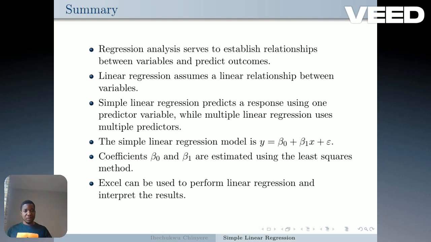Simple linear regression is where there is just one predictor variable, and multiple linear regression assumes more than one. In the end, you get this trend line, which is an equation of this form. The coefficients are determined by the least squares method, and you can do this in Excel.